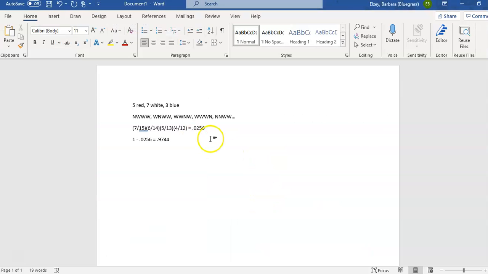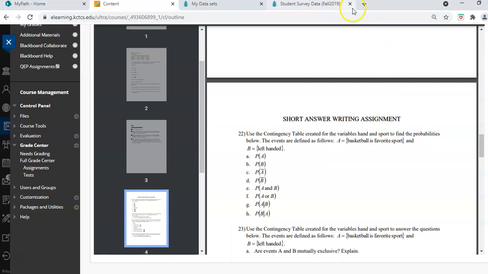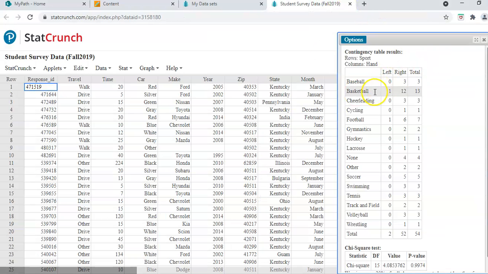Let's remember the probability of A or B is going to be the probability of A plus the probability of B minus the probability of A and B. Probability of A, let's see, A was the basketball people, I think. So that's 13 out of 54.